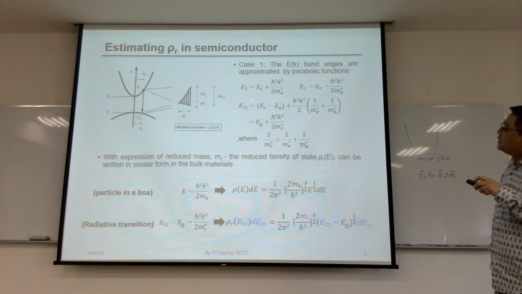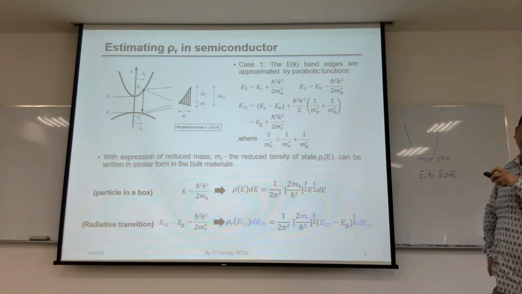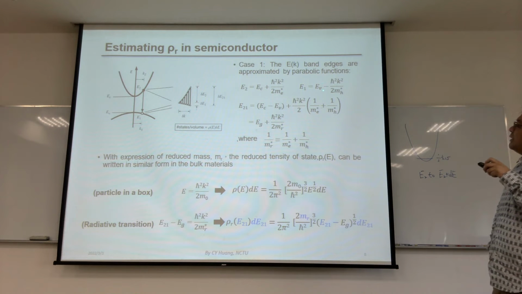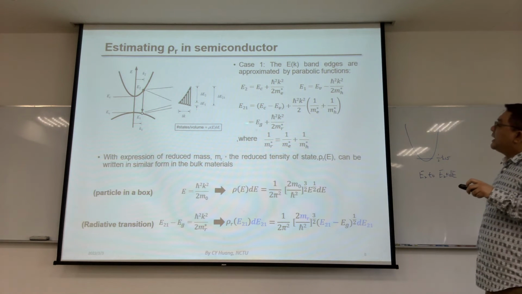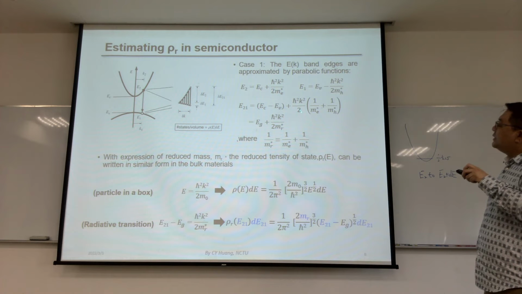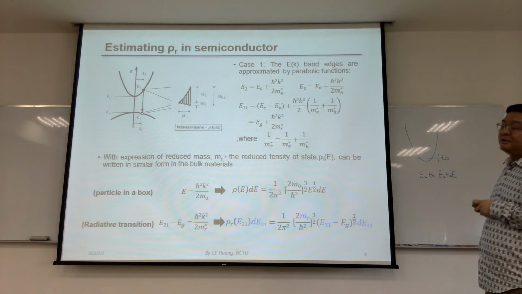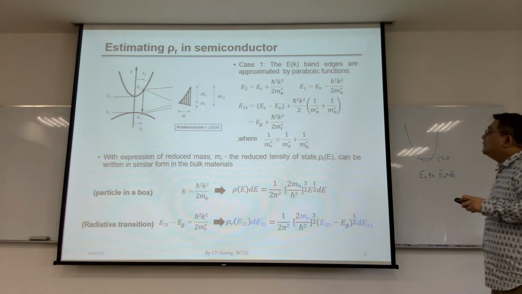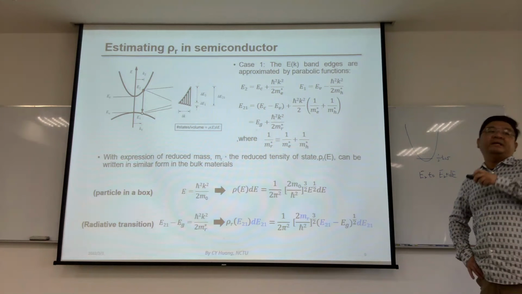Alright, so the E2 becomes EC plus h bar squared k squared divided by 2 m_e, similar to E1 but with the minus sign. The E21, E2 minus E1, is EC minus EV, so it's EG, plus h bar squared k squared divided by 2 times the inverse of m_e plus the inverse of m_h. So it could be written like this with something called the reduced mass.